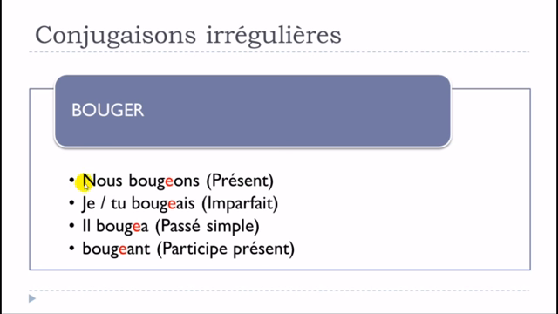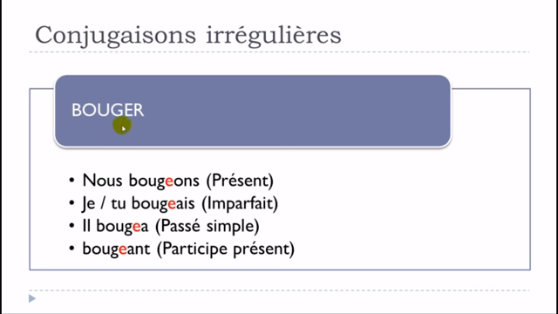Okay, so if we would respect the rule, we should write it like nous B-O-U-G, so without this E here, O-N-S. But let's just imagine that the E is not here. Phonetically, we would get the sound bougon, nous bougon. And then the problem is that it would be difficult to make a connection with the infinitive, and the infinitive is bouger, je, okay?